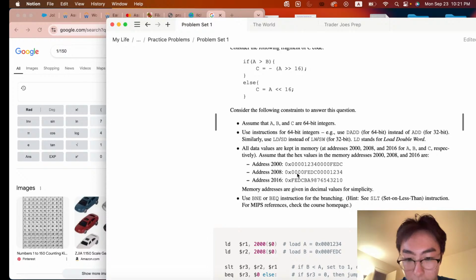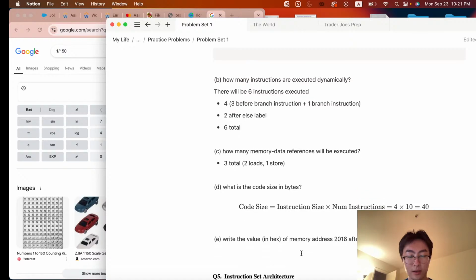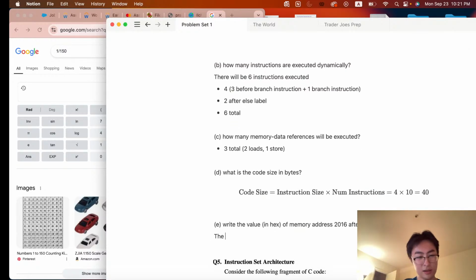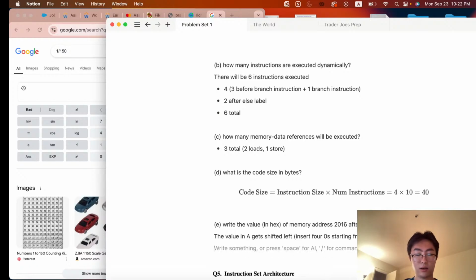Yeah, we could do that. So we'll get A here. I think this is 1, 2, 3, 4. So we push that. We get 1, 2, 3, 4, 0, 0, 0, 0, FEDC 0, 0, 0. Okay. The value in A gets shifted left. So insert 4 zeros from right to left. Insert 4 zeros starting from the right hand side.